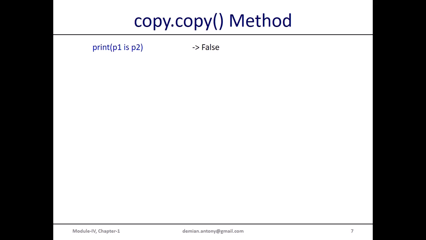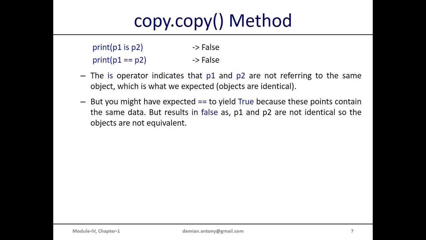And let me check the equivalence and identity of these two objects. The is operator checks whether the objects are identical, and if we execute print P1 is P2, it returns false because they are not identical objects, they are separate objects.